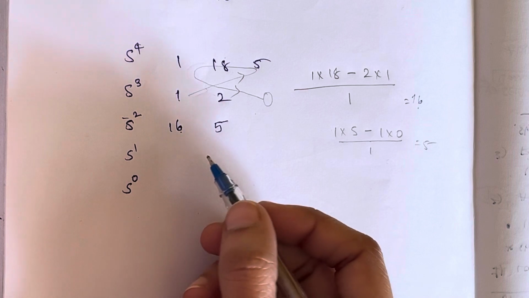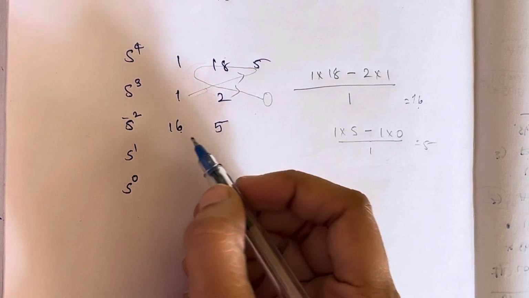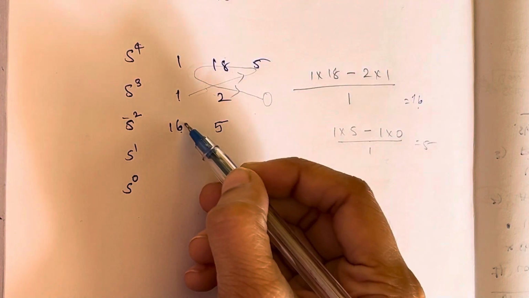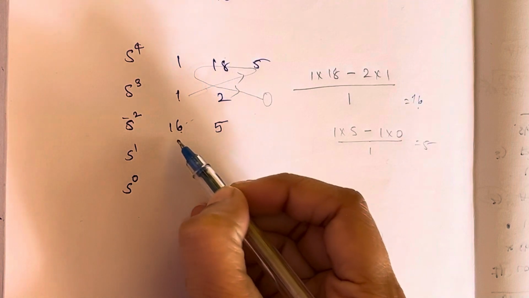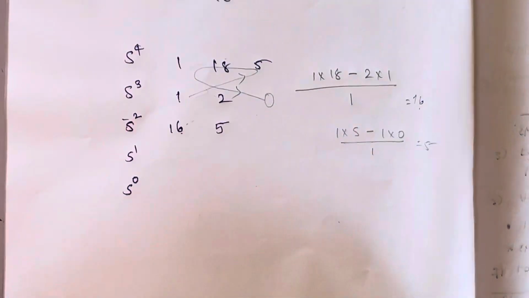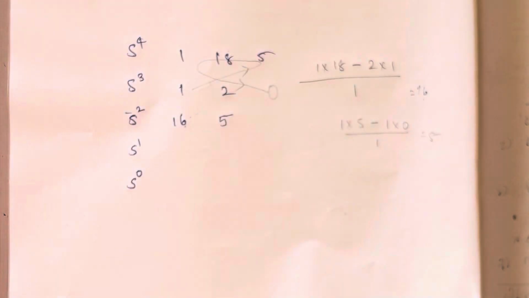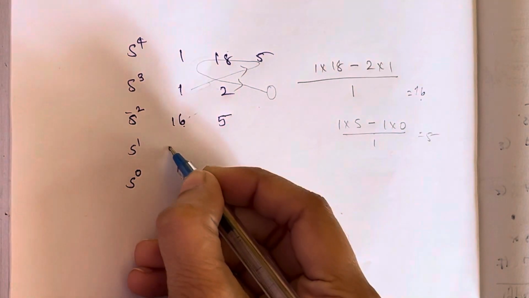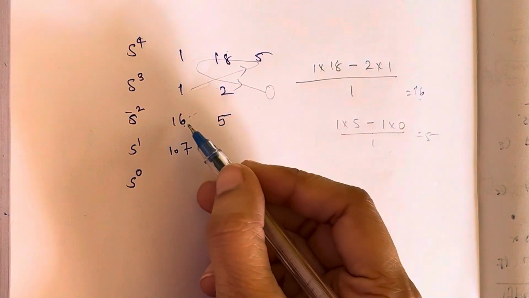In the same process, you calculate again: (16 × 2 − 1 × 5) / 16. You get 1.68, so you can write it as 1.7.